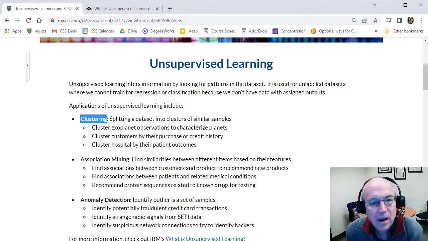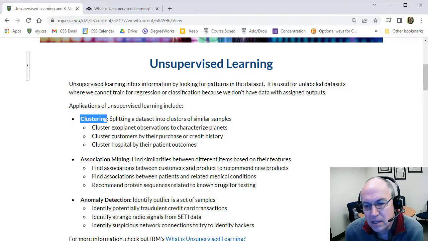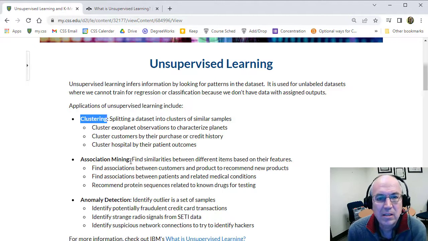Now, similar to this, but slightly different, is association mining. Association mining is where we find similarities. We look for specific similarities between their feature sets. So we might find associations between customers and products, so we can recommend new products. Similarly, we might find associations between patients and related medical conditions, so that if patients generally have this medical condition, they might also have this other side effect or related medical issue.